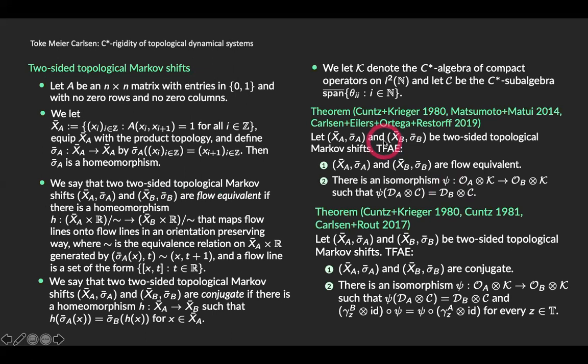In both cases, Cuntz and Krieger showed that 1 implies 2. Then 2 implies 1 here was proven by Matsumoto and Matui in the irreducible case, and then by Eilers, Ortega, Restorff, and myself in the general case. And here 2 implies 1 was proven by James Stroud and myself.